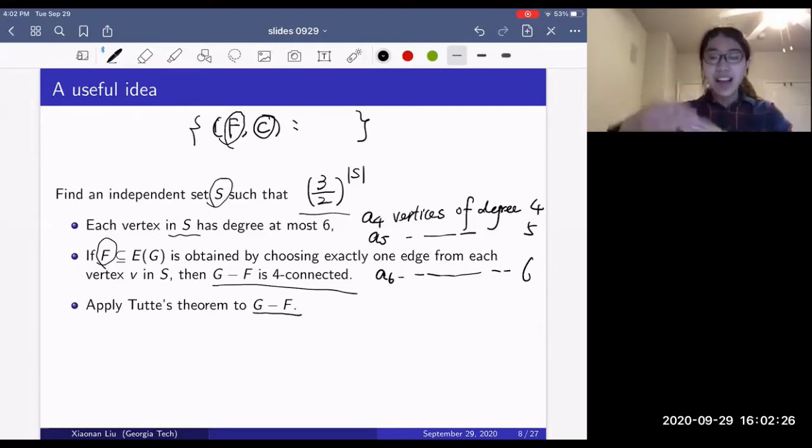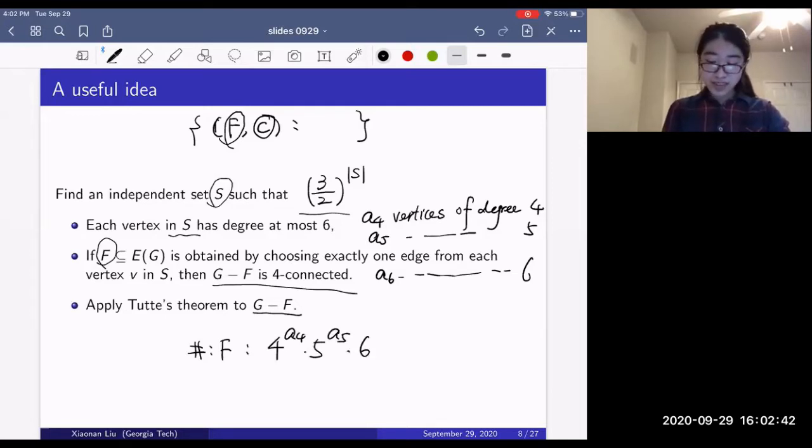For each vertex, we can choose one edge. So actually the number of F is 4^A4 times 5^A5 times 6^A6. This is all choices of F.